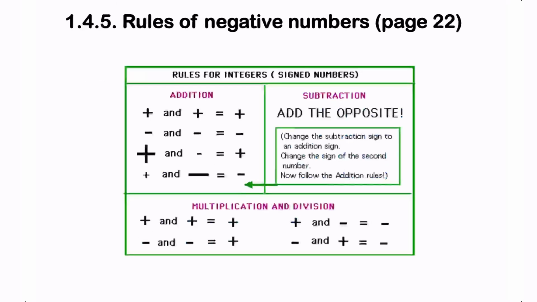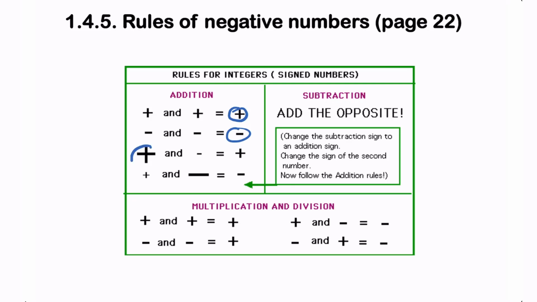Now we come to something quite interesting, which is the rules of negative numbers. As I said earlier, in terms of addition, when you add a positive integer and a positive integer, your answer is positive. When you add a negative integer and a negative integer, your answer is negative.